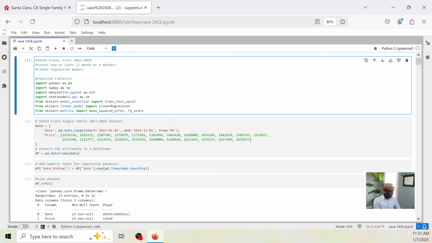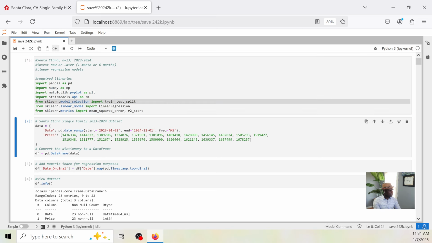So first thing, we just want to import our required libraries: pandas, numpy, matplotlib, statsmodels, sklearn. So we just run this. Next thing that I want to do is actually load my data set.